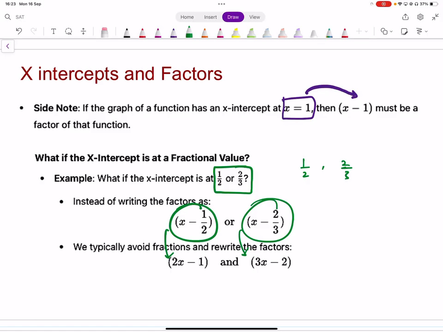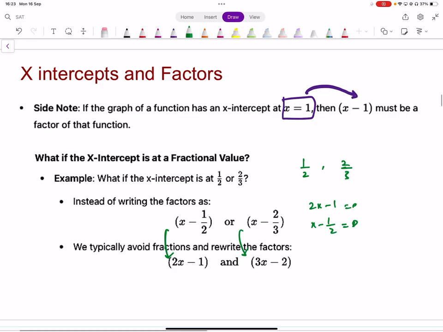So often when we factorize expressions, we want to avoid fractions. X equals 1/2 can come from 2x minus 1 and also from x minus 1/2. Both of them give you the same value of x. We prefer the one that does not have a fraction, 2x minus 1.